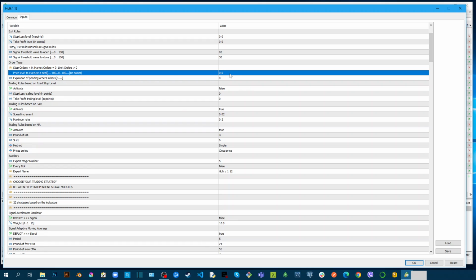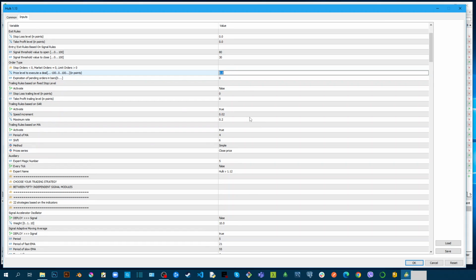That means if this input is 0, the expert will open market buy and sell orders. If this input is lower than 0, then the expert will open stop orders, and if it is greater than 0, for example 10, then in that case the robot will open limit orders.